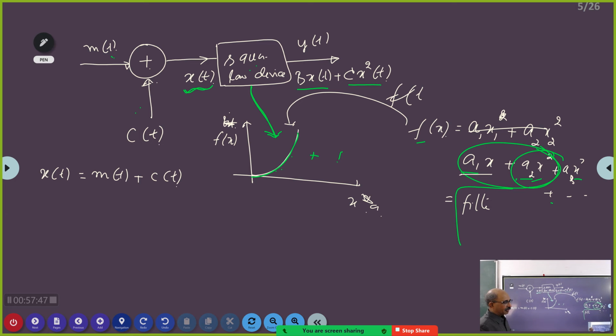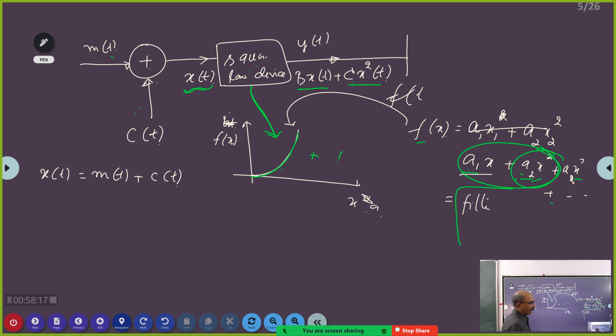So that is why I have written, see here, instead of A1 I have written B, instead of A2 I have written C, capital C. Okay, sir. So that x is same as that x of t, no? See, x is same as x of t. You get that as an output. Okay? Clear?